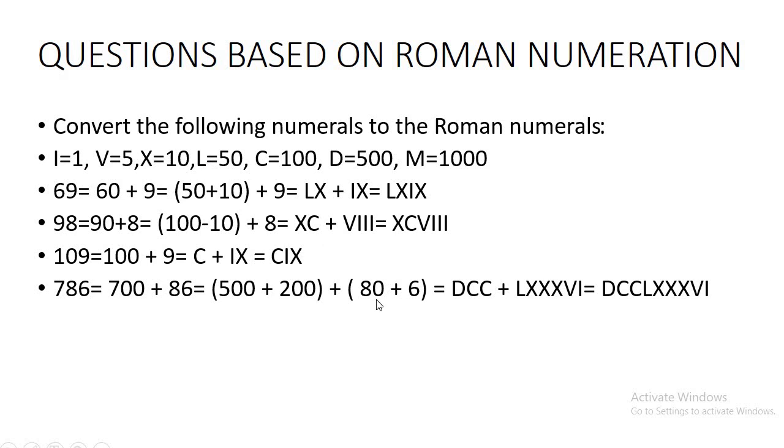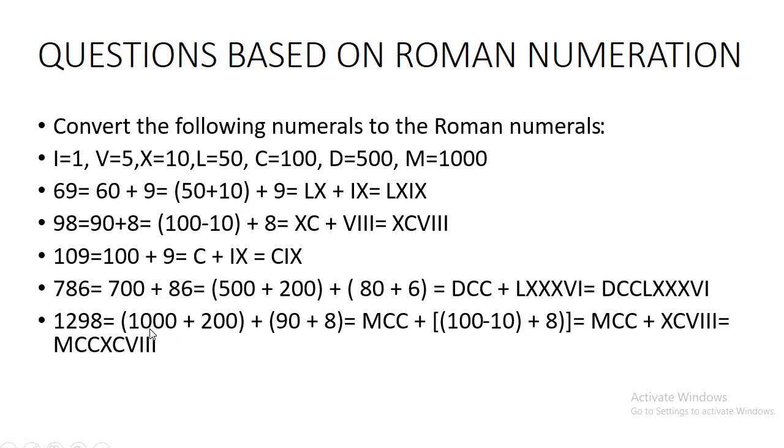LXXX represents 80, as we have seen earlier in the counting from 1 to 100. So 6 is represented by VI. So DCC here is 700, LXXX is 80, and VI represents 6. So DCCLXXXVI is 786.